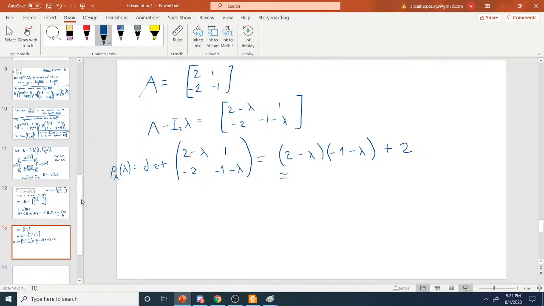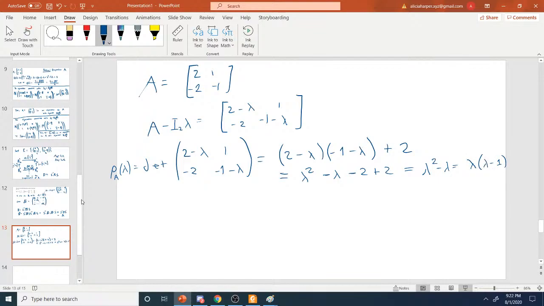And now what do we do with this? Well, we get lambda squared, and then we get minus 1 lambda, and we get -2, and plus 2, and so this just ends up being equal to lambda squared minus lambda, which is the same thing as lambda times (lambda minus 1).